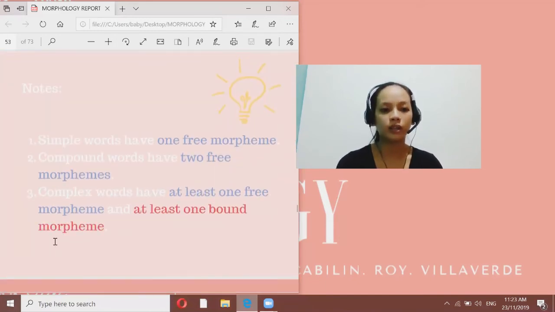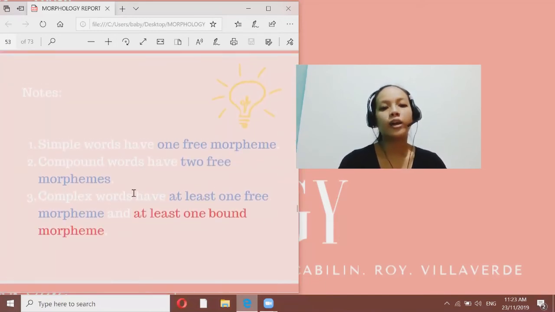So take note, when we only use one free morpheme, we will identify the word as a simple word. Okay, because simple words have only one free morpheme. Compound words have two free morphemes, just like what we have discussed a while ago in compounding.